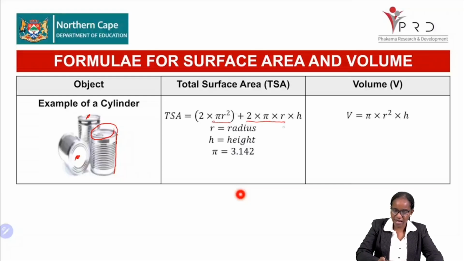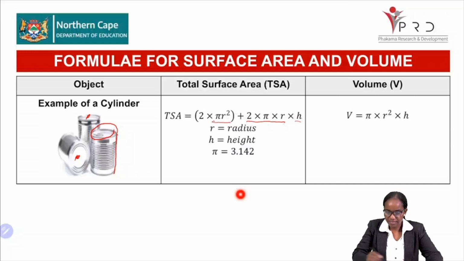And the length here is the height, which is our h. So the total surface area of the cylinder is the area of 2 circular faces and 1 curved face. Then the volume is pi times radius times radius times height.